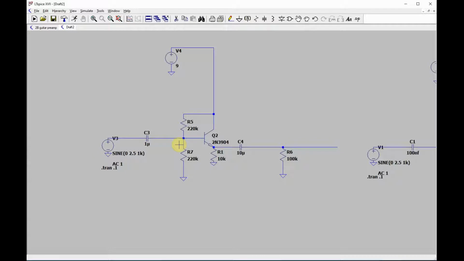If you trace this way, your signal's seeing 220K. So it's like it's seeing 2 parallel resistors, and then the input impedance would be 110K. But it's actually seeing a third way. There's a third path going from the base down through here to this ground. And the impedance it sees across there is real easy to calculate.